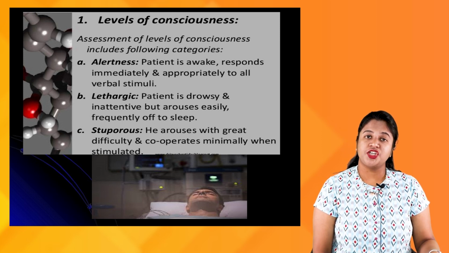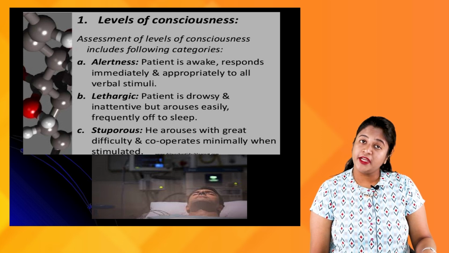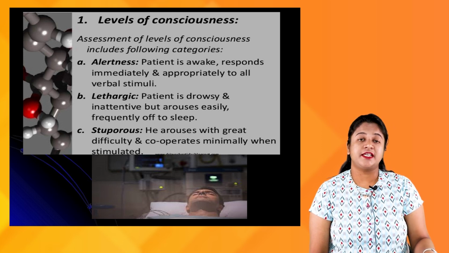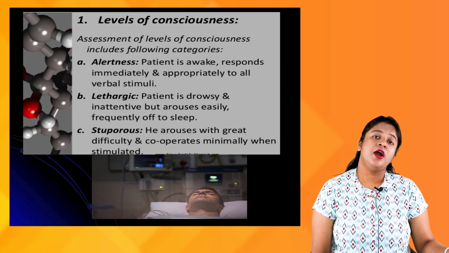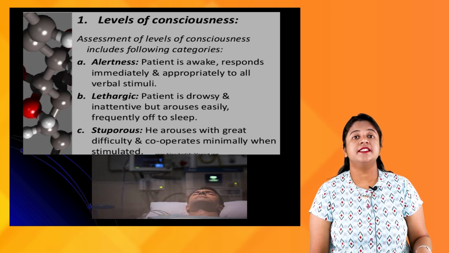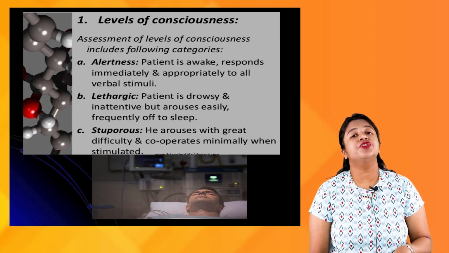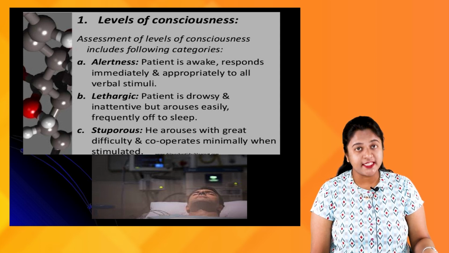We can say the patient is alert when he is awake and he responds appropriately to verbal commands and to all the stimuli in his environment. So he is able to understand what is happening around his surroundings, and he is aware and gives a response to the various environmental stimuli. We can say that he is alert.